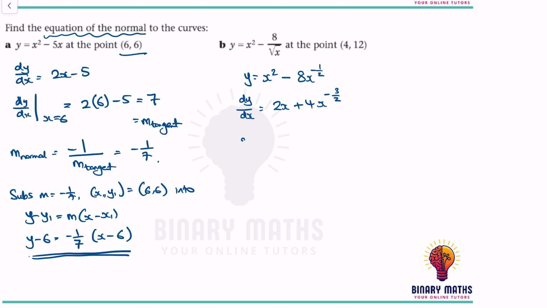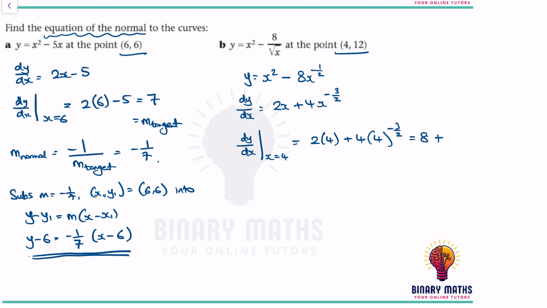Now I want to find the gradient of the tangent first. So dy dx at the x value of 4, because it's 4, 12 there. I get 2 times 4 plus 4 times 4 to the power of minus 3 over 2. The first term is 8. Second term, I need to square root 4, which gives me 2.